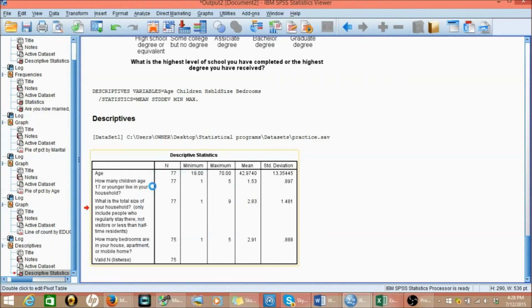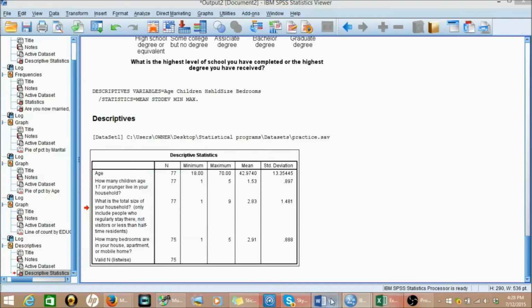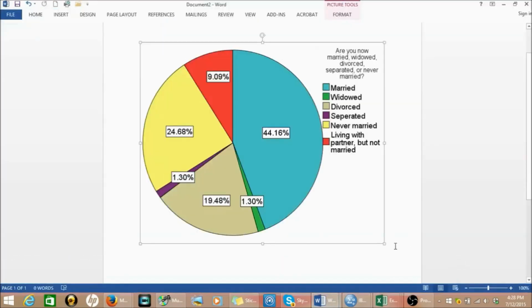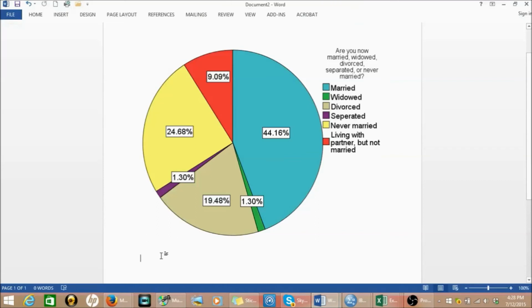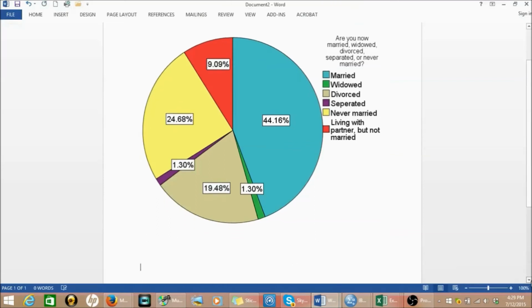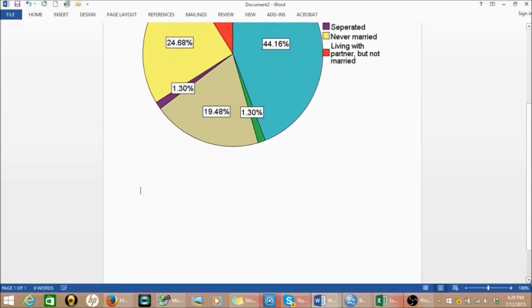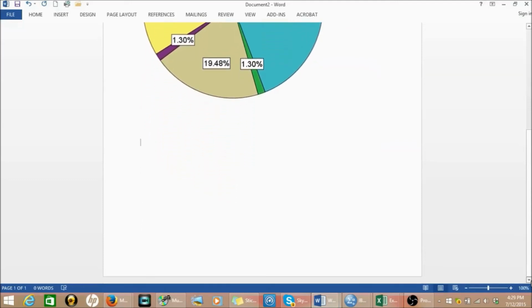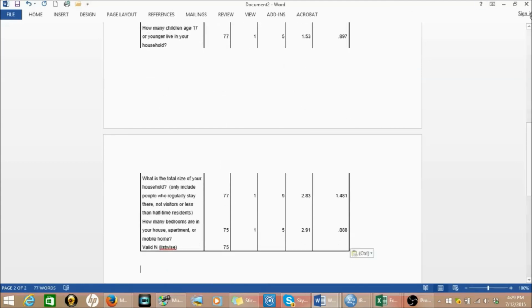And if I copy this and bring it over to my Word document, well, that's kind of ugly.